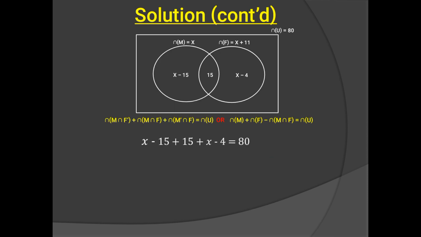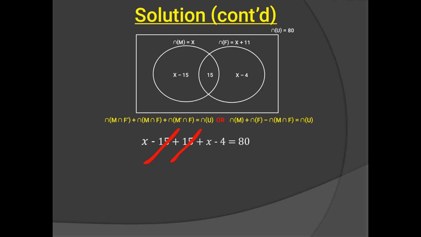All right, so we are using the first one. So x minus 15 we have here, plus 15, the middle one we have here, plus x minus 4 we have here. That should be equal to the universal we have there. Now we know that negative 15 is going to cancel positive 15.